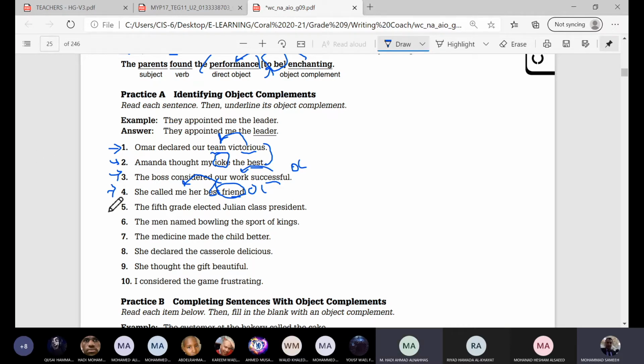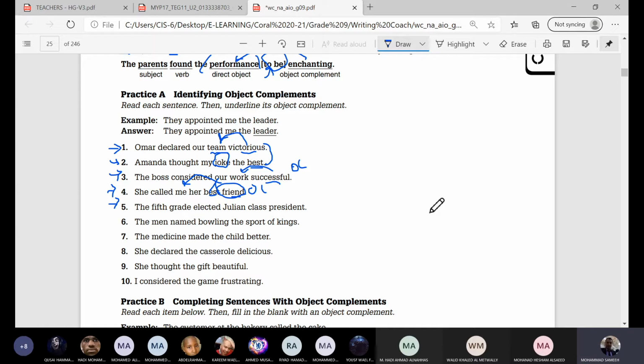Like it can be best. No, it can be best when I do not mention a noun, when there is no noun after best. When I say, "She called me the best," and I put a period, so I take best, of course. But when there's a noun after best, I take the noun. I don't take the adjective in this case.